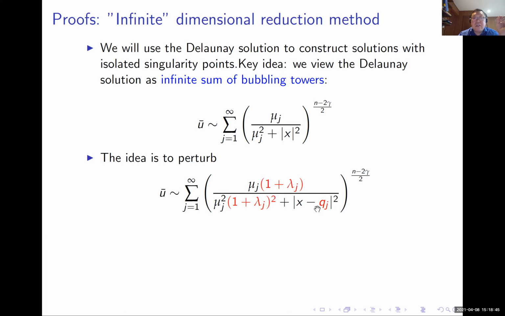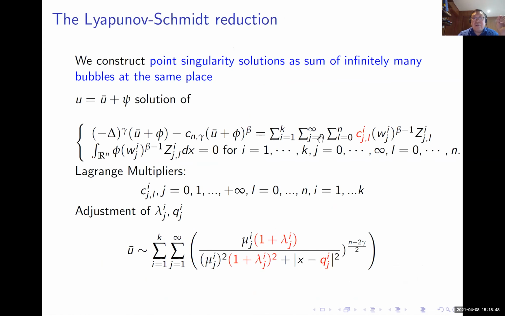So what you need to do is a sort of reduction method, but with infinitely many bubbles. Right? So you see that you have infinitely many bubbles, so you have infinitely many Lagrange multipliers, and you do a reduction method with infinitely many bubbles, but at the same place.